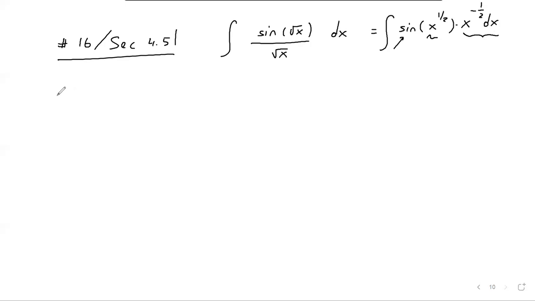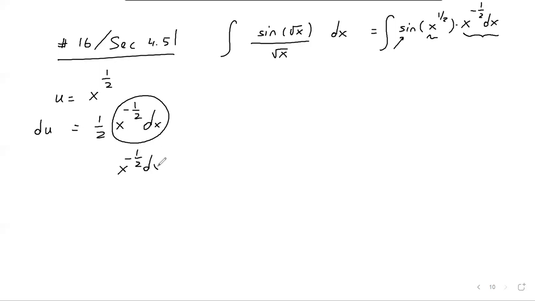And we are going to see that, again, u equals x to the 1/2. du, what we just said, 1/2 x to the negative 1/2 dx. And look here, folks, there we go. This is the one I need. The one that was underlined there, x to the negative 1/2 dx is equal to 2 du. And that gives us the situation that we described here.